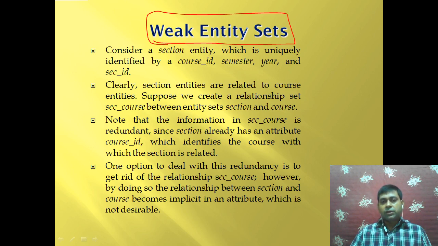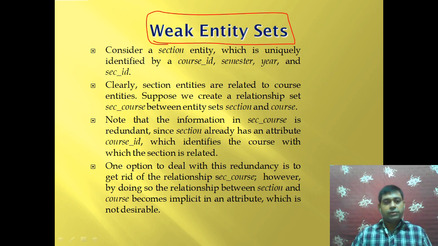Otherwise, whatever attributes are already there in the weak entity, they are not qualifying to uniquely identify an instance of the weak entity set. That means they are not able to uniquely identify a row or tuple in that weak entity set. So this is the discussion of weak entity.